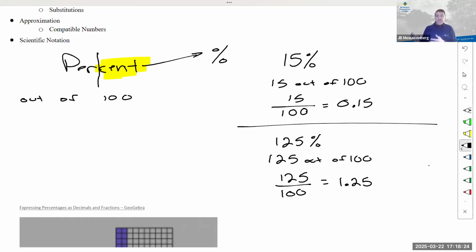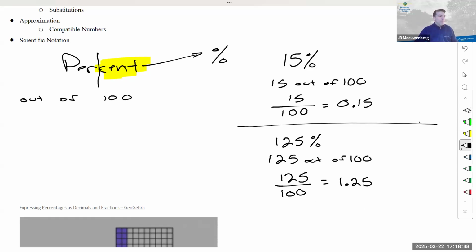And so if something goes up by itself, it doubles in price, and so it went up by 100%. But it could also go up by more than that. And so it can go up by more than itself. If something went from $10 to $25, it actually went up by 150%. We'll get into all that later, but as a foundation, I think this is where we will start.